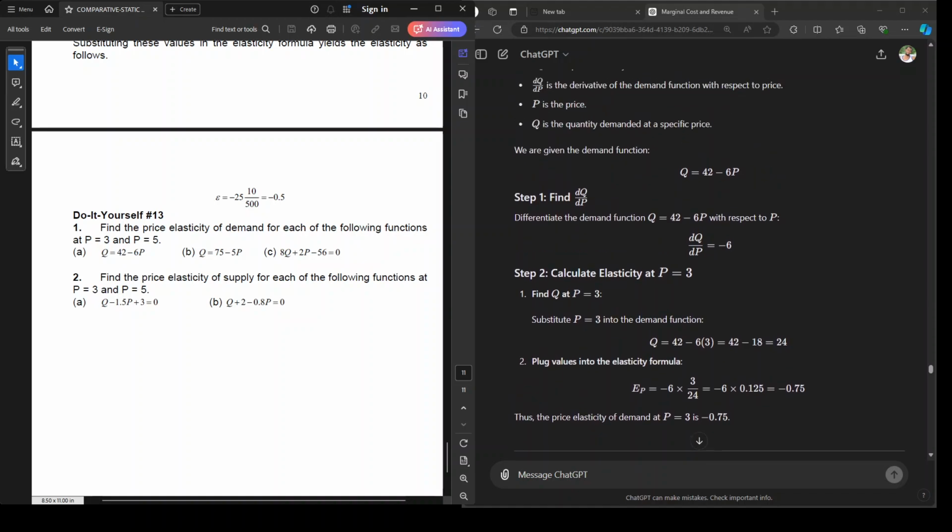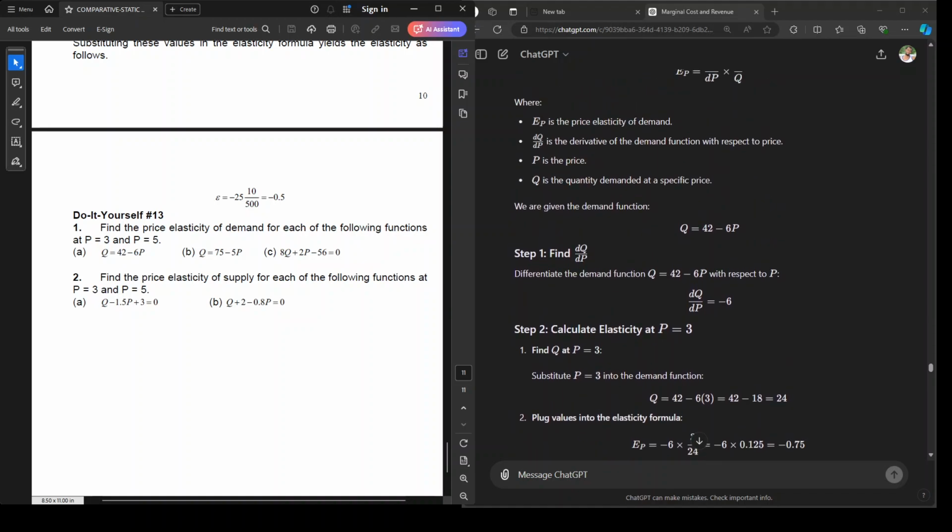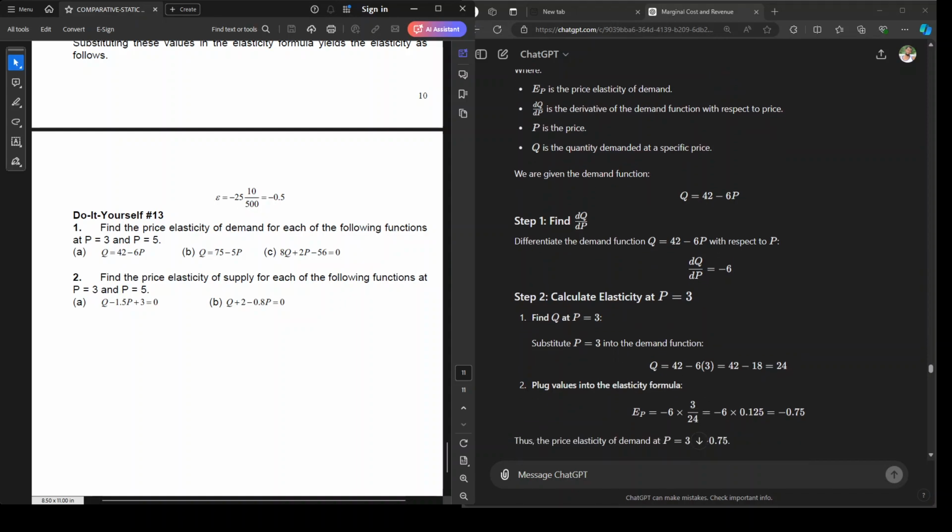We'll try to be sharp when we find the price elasticity of demand given P is this and this. When this is the equation, differentiate it to find dQ/dP, get that. Calculate the price elasticity at P equals 3. So where there is P, put 3 to find Q, get 24.